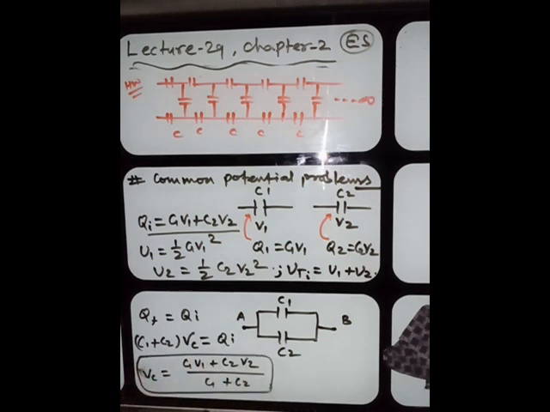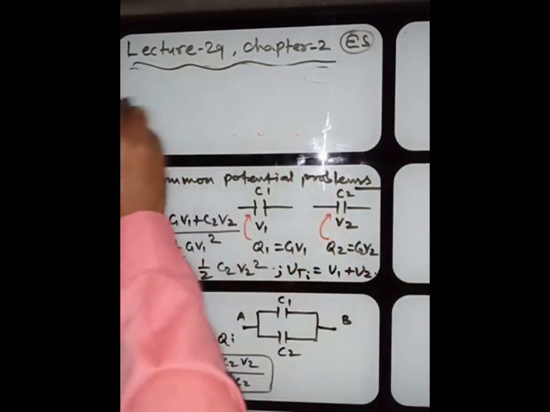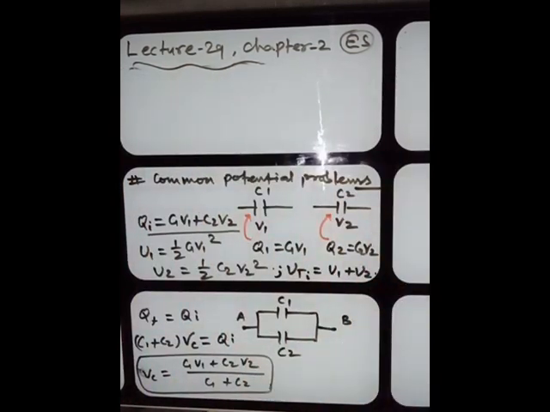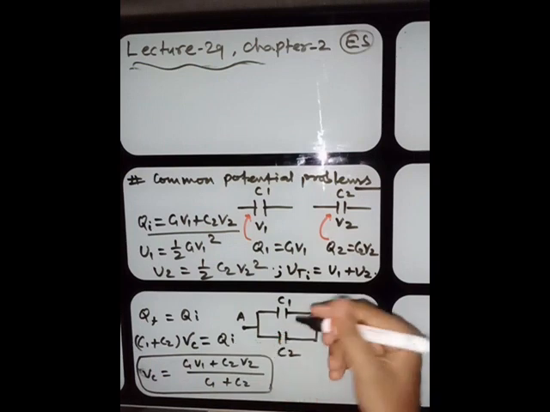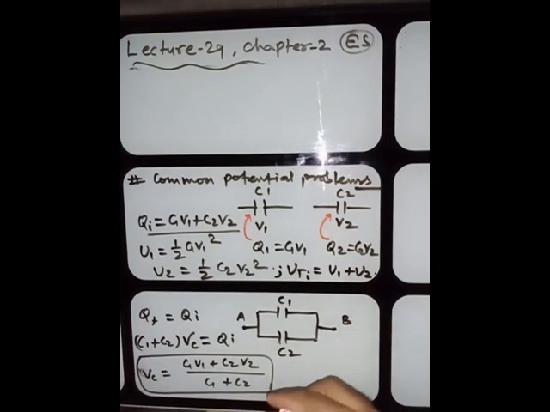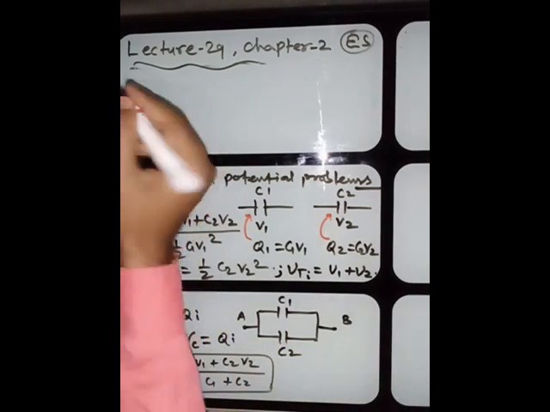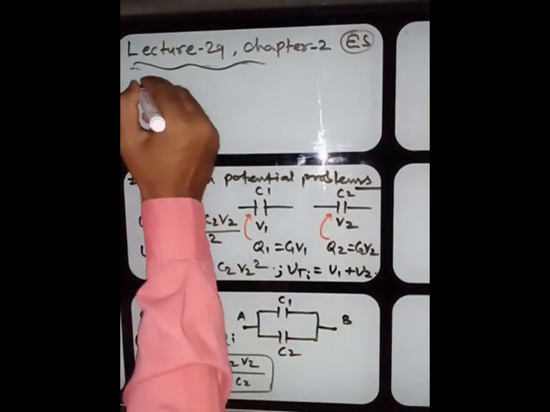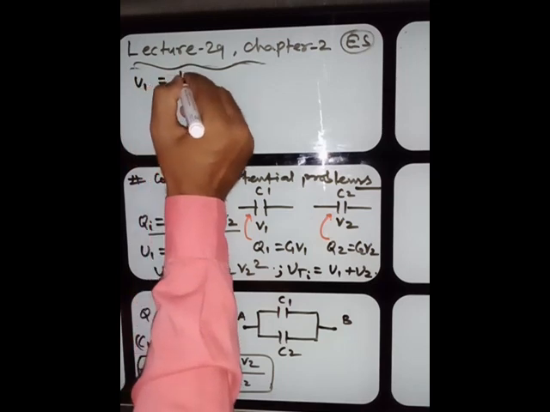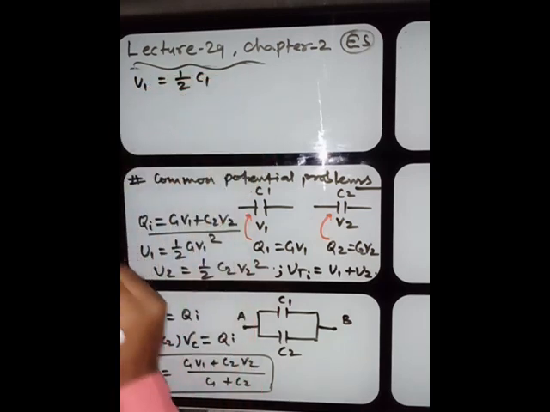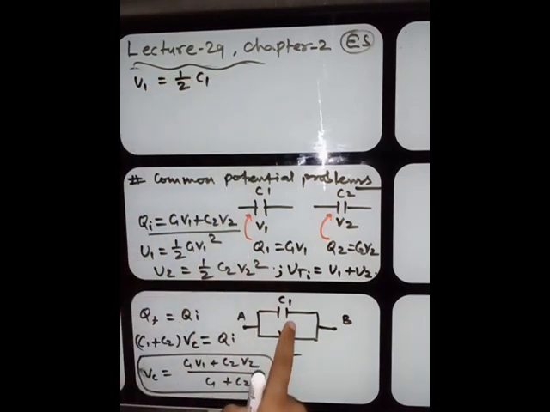Now you can write the energy of the individual capacitors and the total circuit also. Here the energy after connection, U1 will be half C1 V squared. What is the V? Here the potential will be common for both, which is VC.